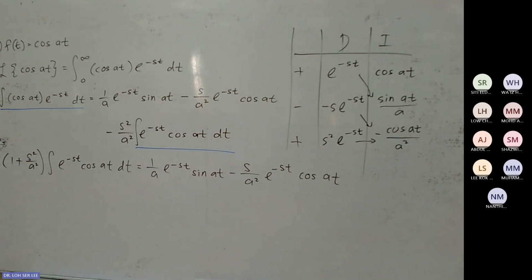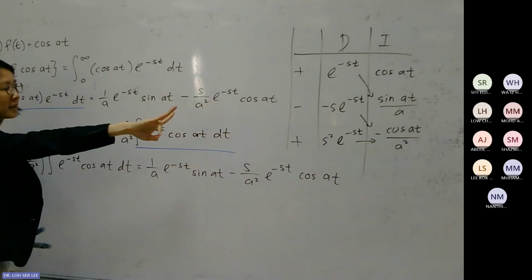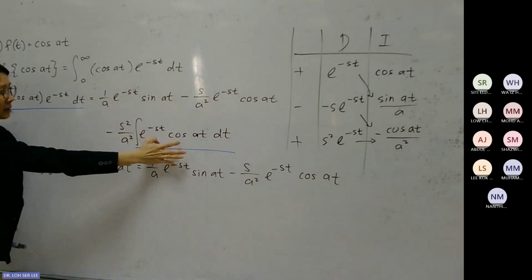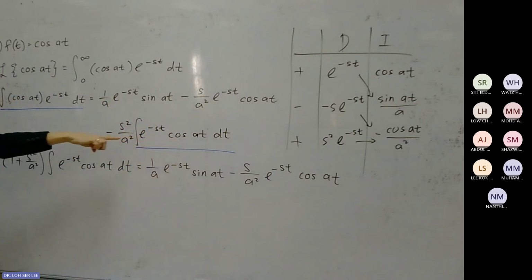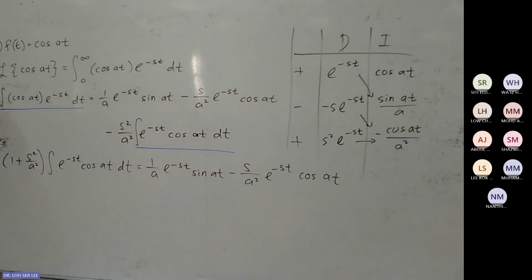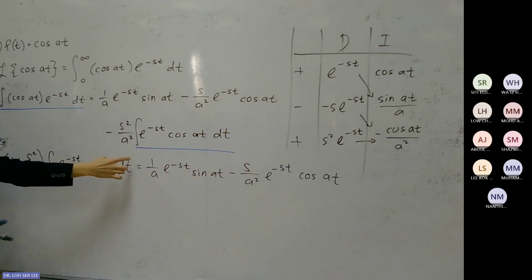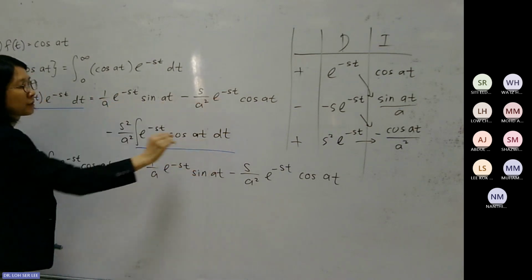I repeat, 1 term on the left, 3 terms on the right, and this third one is exactly the same as this. So we move this term from right to the left, and this is 1. So we have 1 plus s squared over a squared. We factorize this term, then it equals the right hand side 2 terms.